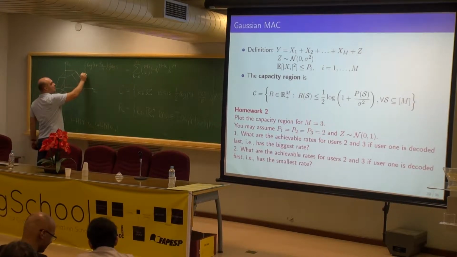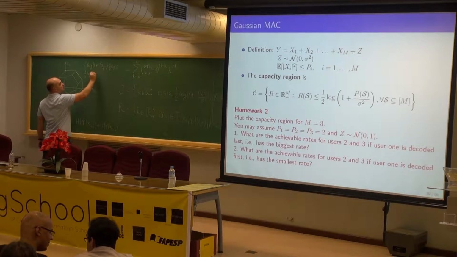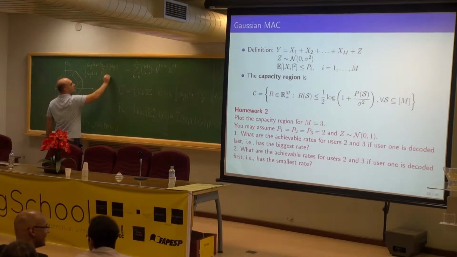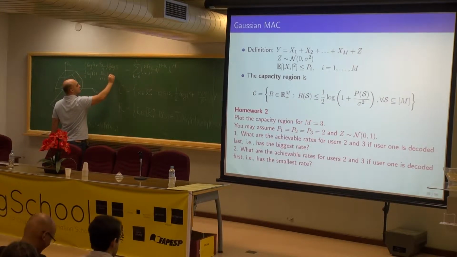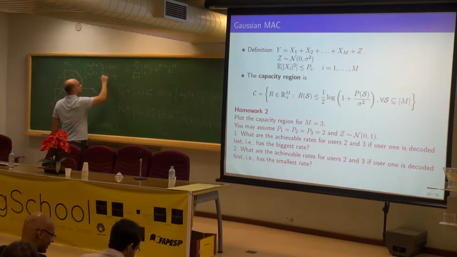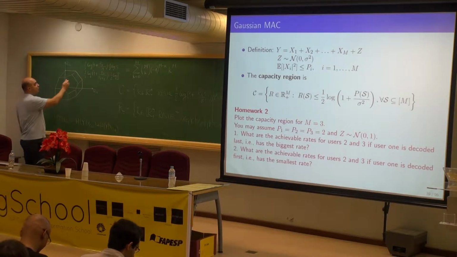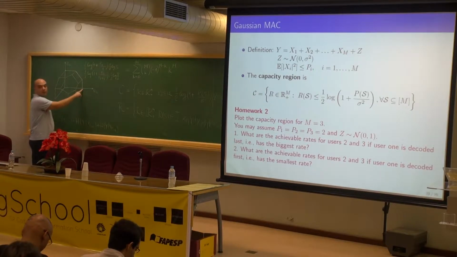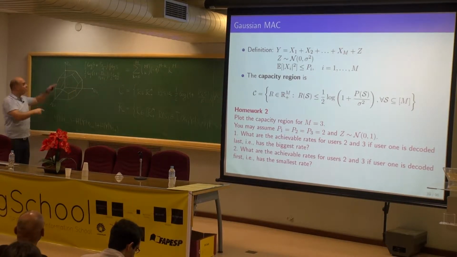And the other one is 1/2 log of 1 plus P2 divided by P1 plus 1, which is 1/2 log of 5/3. So these are the two quantities, and they correspond to this point, the smaller one, and this point, the bigger one. And because it's symmetric, you get everything from these two quantities.